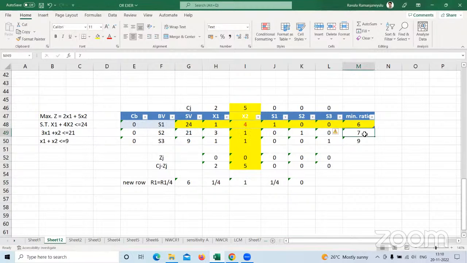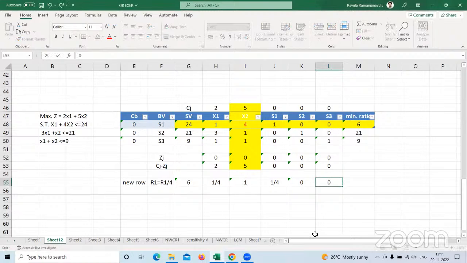Okay, right. If I divide 0 by anything, it is 0. These are the new values of the first row.